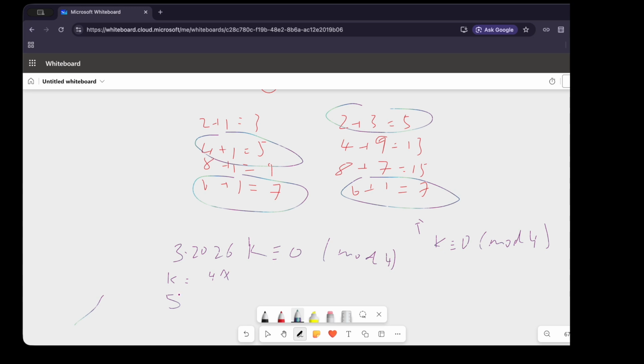So we do 50 divided by 4, and we get 12 with a remainder of 2. This is the first case, 6 plus 1.